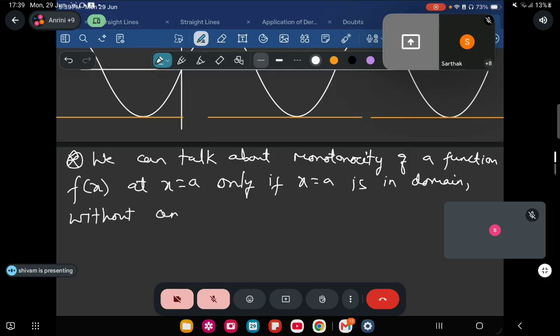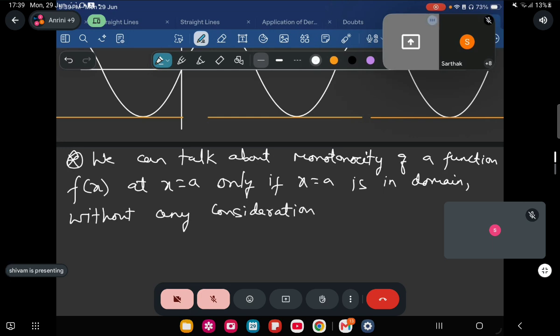Okay, without any consideration, means even if the function is not continuous or differentiable at x equal to a, then also we can talk about monotonicity of a function.